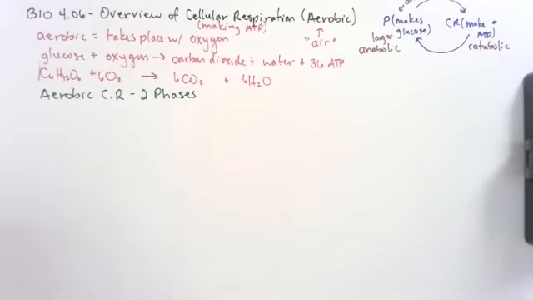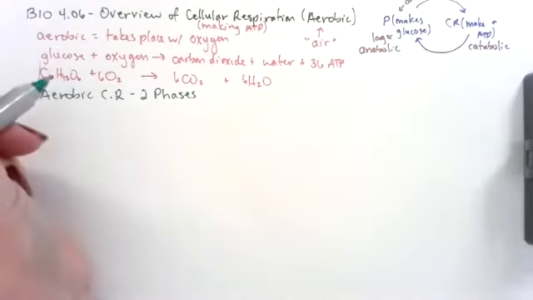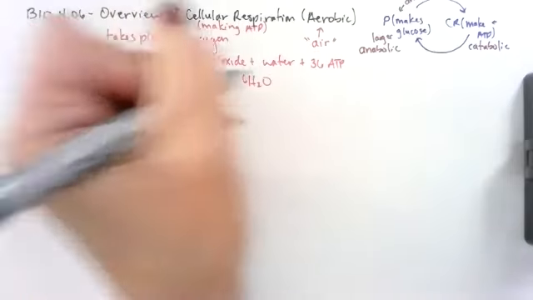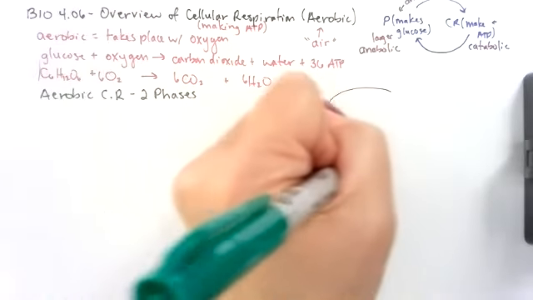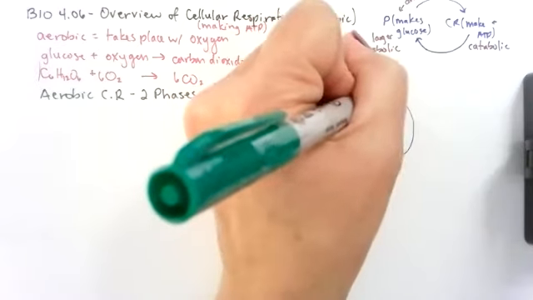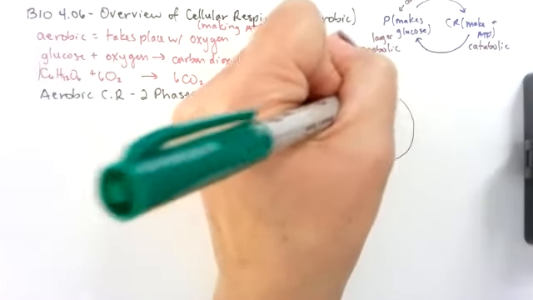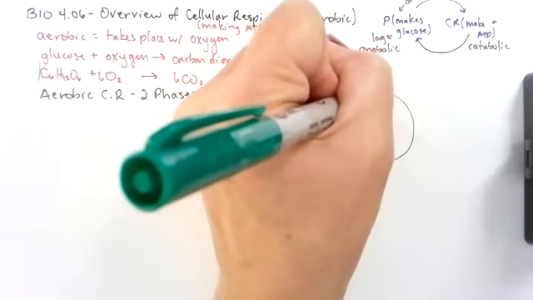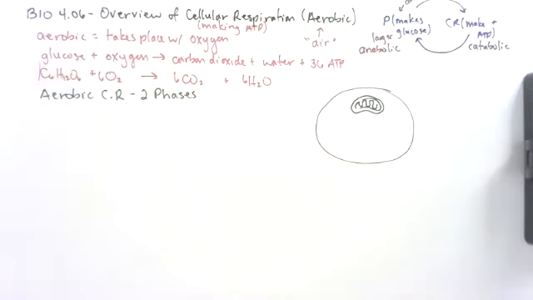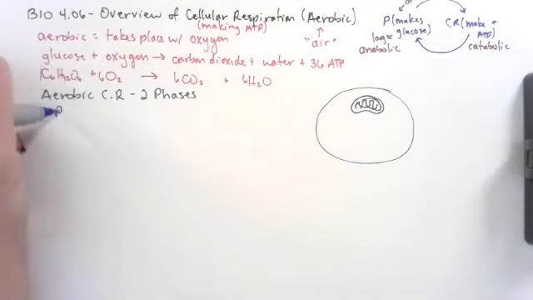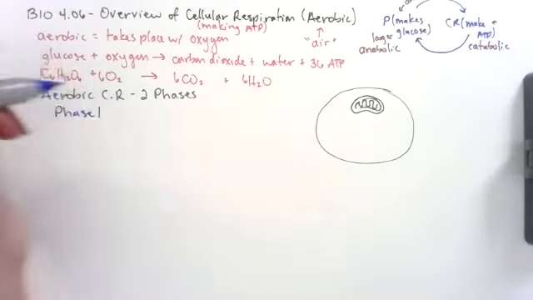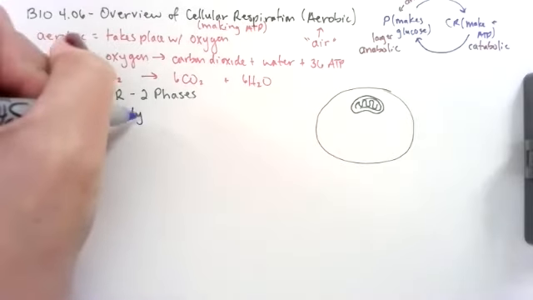So I'm going to draw a cell, and this is a eukaryotic cell. It's got to have a double membrane, mitochondria, inside the cell. So I have phase 1, which is called glycolysis.